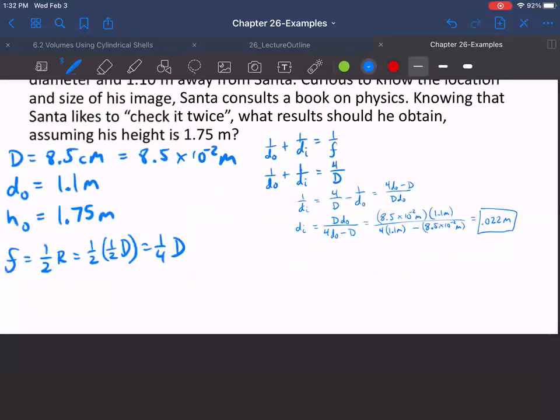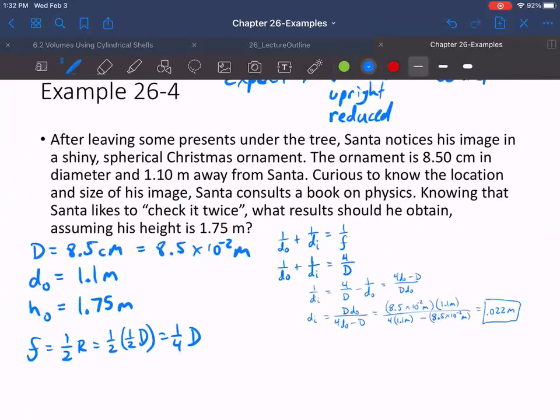Now we need to find the image height because they gave us the object height. So we can say magnification is equal to image height over object height, which will equal, oh, we're going to do one quick thing here. This should be negative, right?